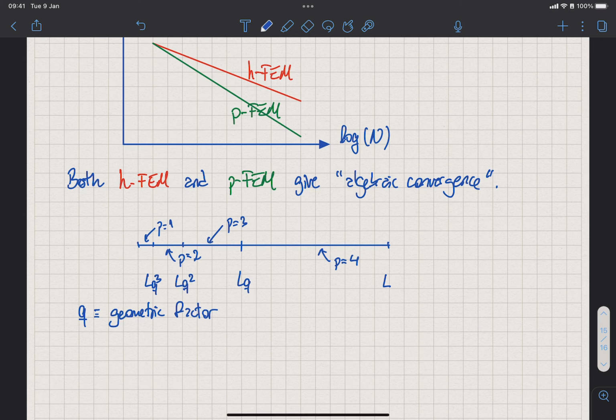And by just doing experiments, it was obtained that the optimal value of q was (square root of 2 minus 1) squared, which is approximately equal to 0.17.